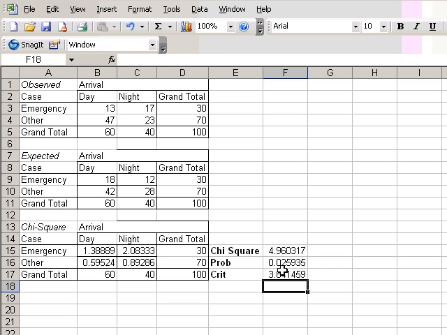And we find that the critical value is 3.8. This means that if we had found any value for the chi-square greater than 3.841459, we would have concluded that reason for arrival is not independent of arrival time.